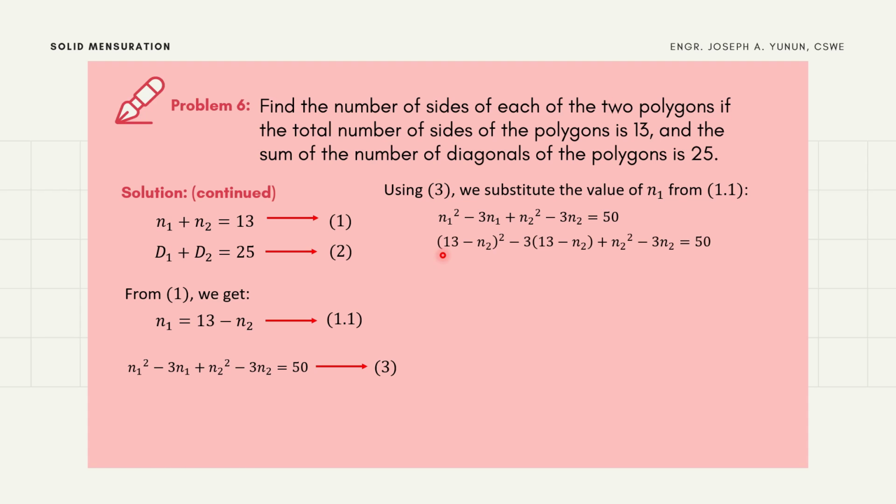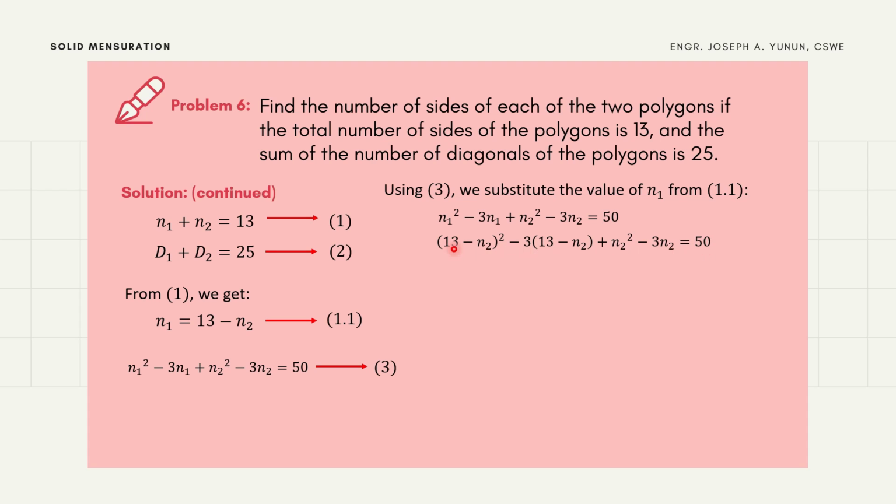That gives us 13 minus n2, which is n1, then squared, then minus 3 times 13 minus n2, then plus n2 squared minus 3n2 equals 50.